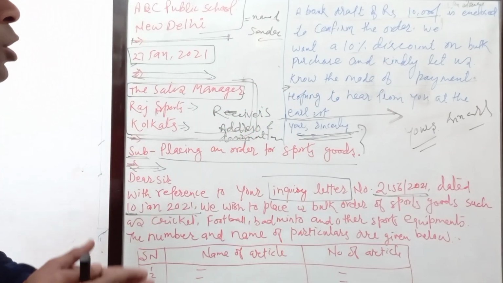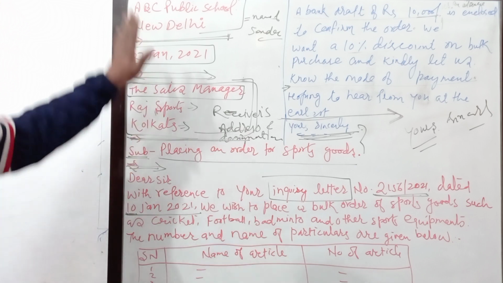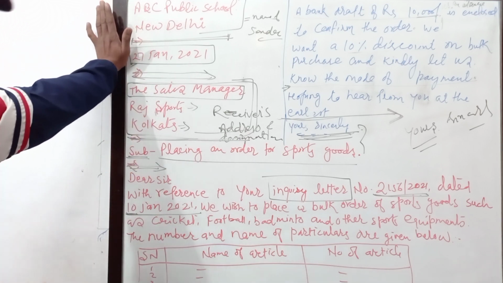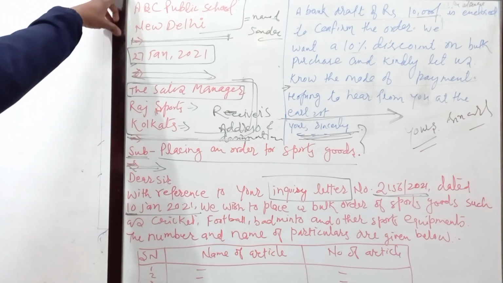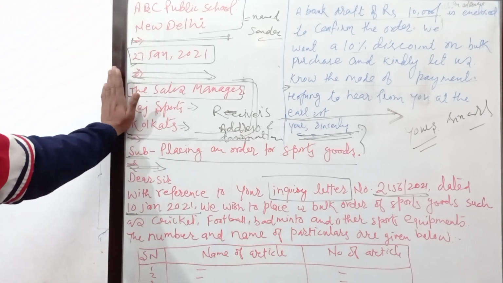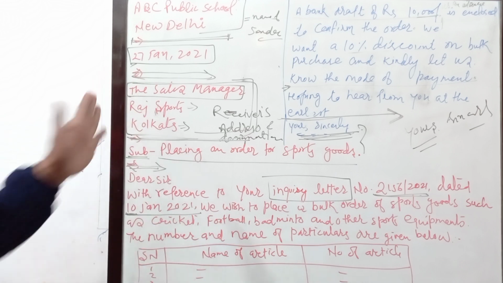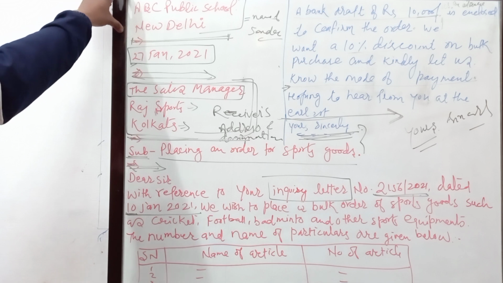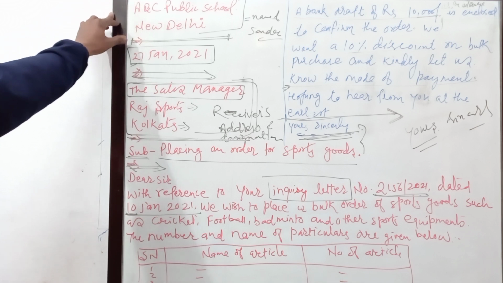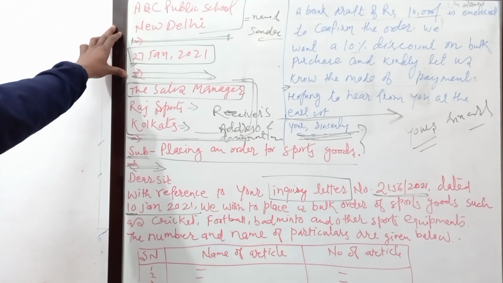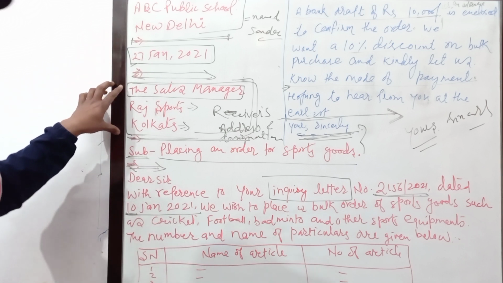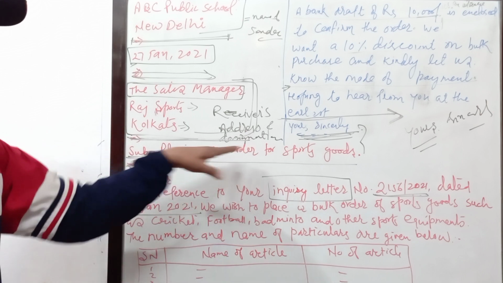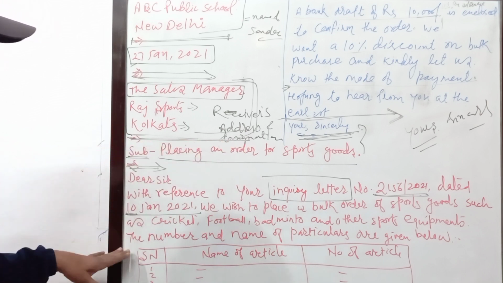Let me recall the whole lot again, the format especially, because this is a format based question, the formal letter, and we are following this format. So it's very important that you understand the format. First of all, the sender's address, after that one line gap, then the date, then a gap, then the receiver's designation and address, after that one line gap, then the subject you will get from the question, then the body.